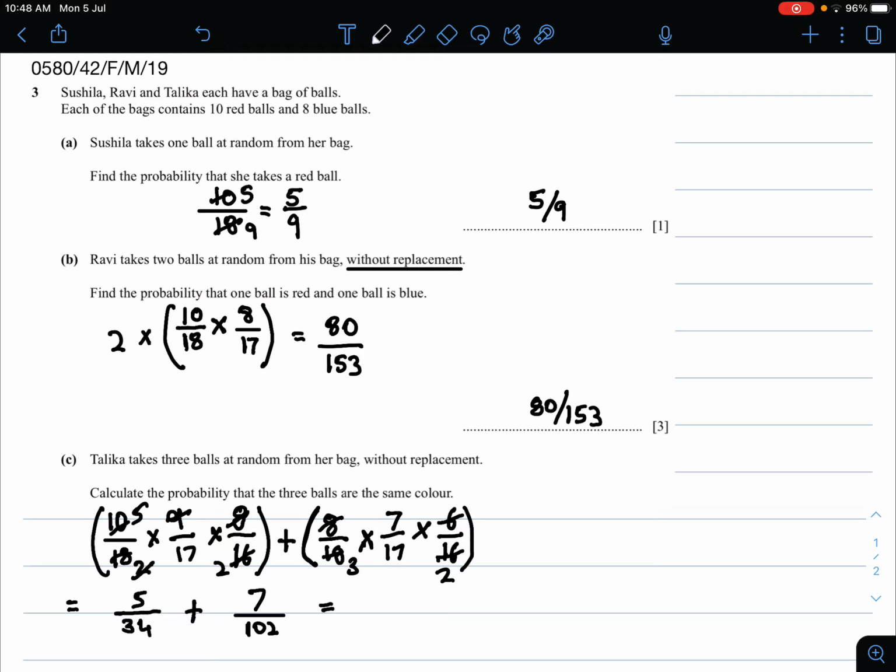Therefore 7 divided by 102 plus 5 divided by 34, you would get your final answer as 11 by 51. You can do this mentally, or you can directly put this in your calculator and get a final answer. Therefore this is your final answer for part C.